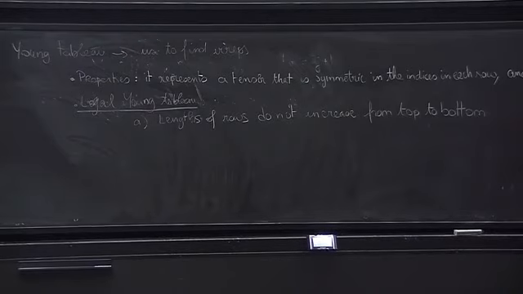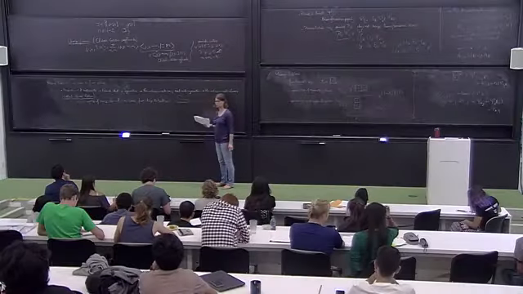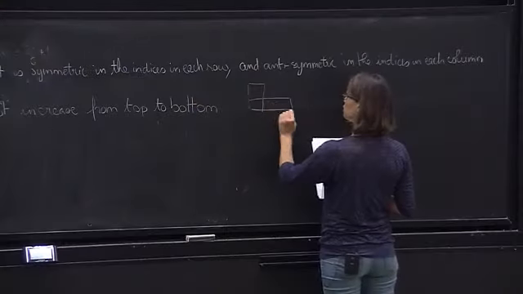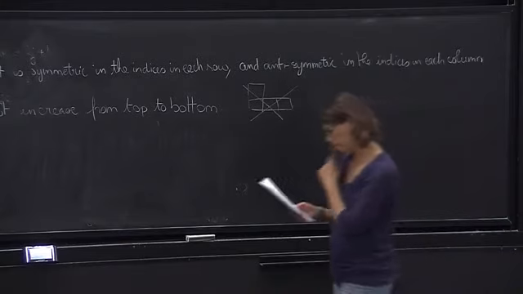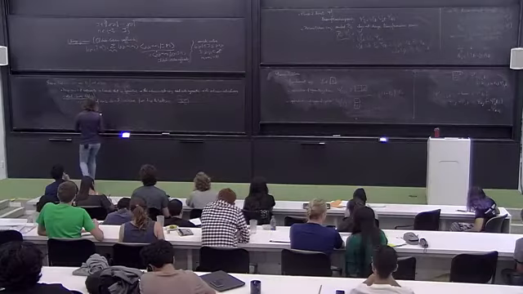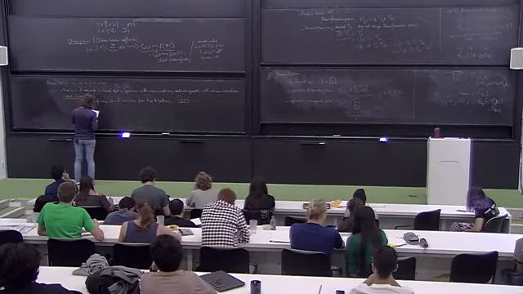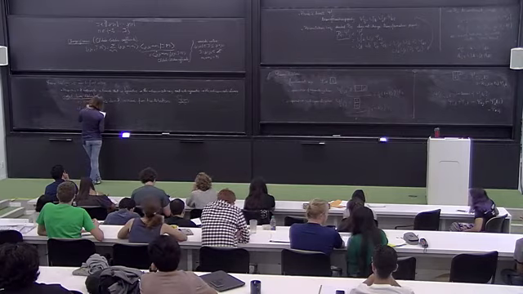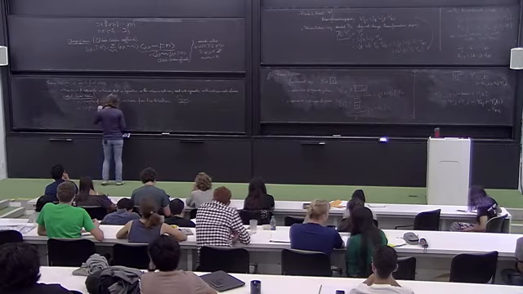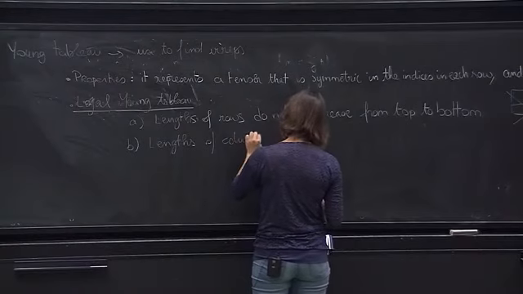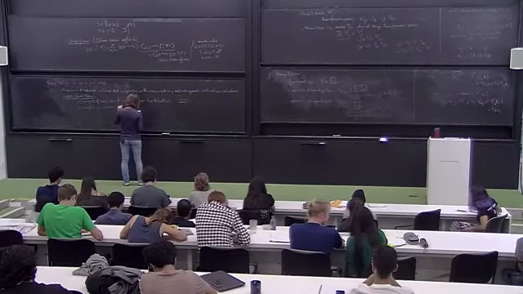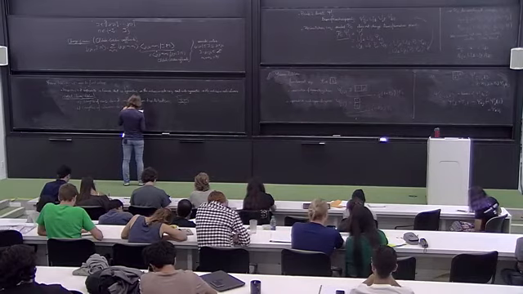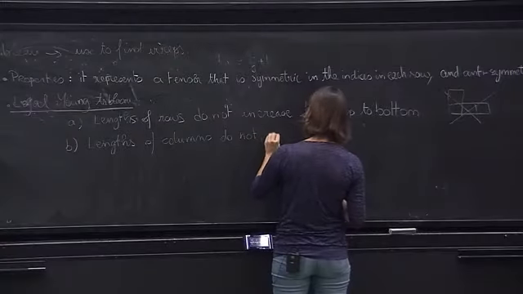What does it mean? That means that this kind of tableau is not valid, for example. Then the length of columns does not increase from left to right.